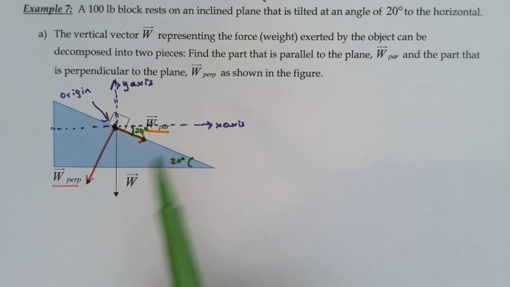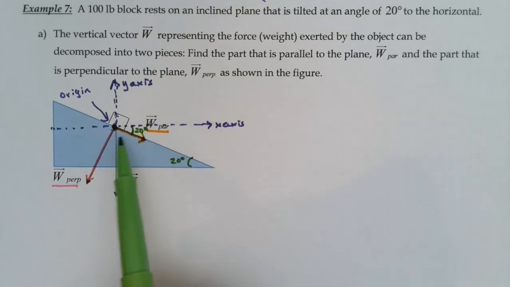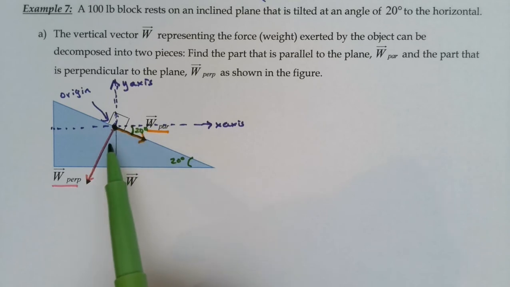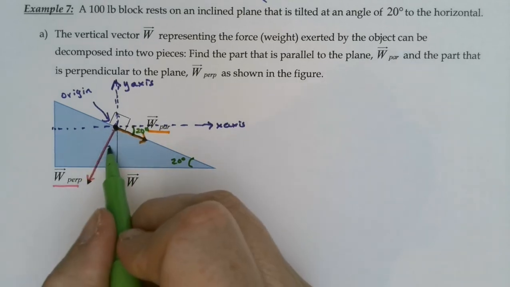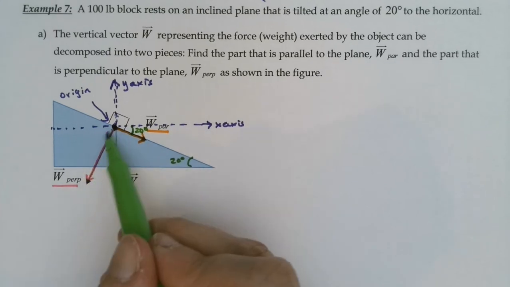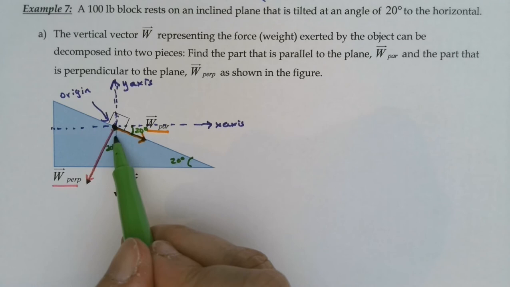But that would also mean, if we think about this in terms of right triangles, that this angle right here is 70, because that would form a right angle with the x-axis, which means that this angle over here is also 20, because that also forms a right angle, because that's perpendicular and parallel, so that's forming 90 degrees.